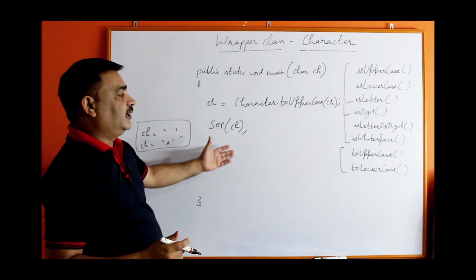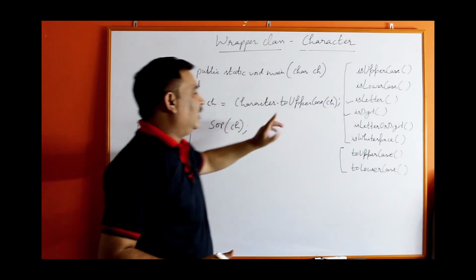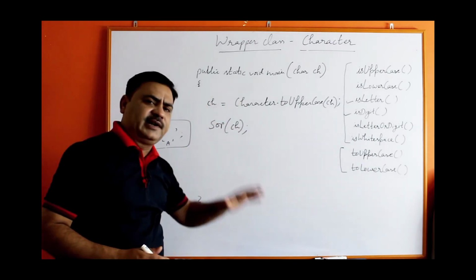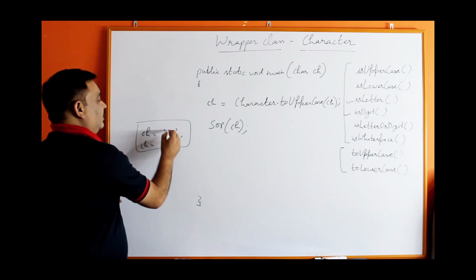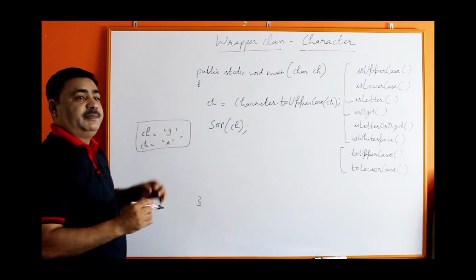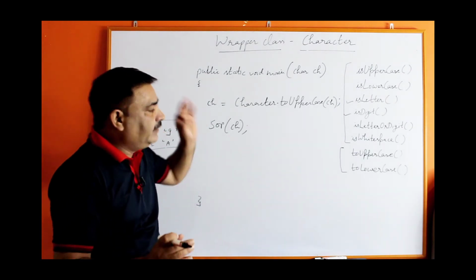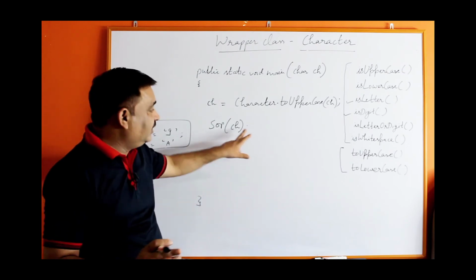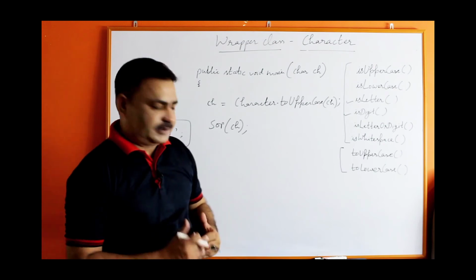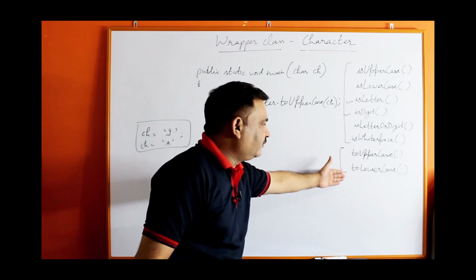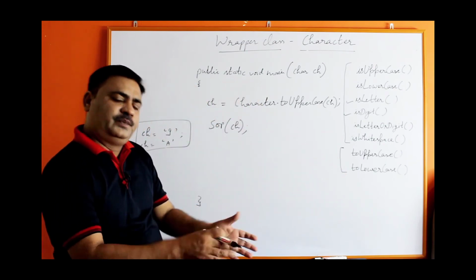It is always in capital letter. If the value of ch is in small letter, it will convert to capital. Capital will remain capital, but if it is other than alphabet, maybe a digit, maybe any special character, then it will remain same. Nothing will happen. Only it will convert small letter to capital letter. Same with the toLowerCase function, it converts capital to small.